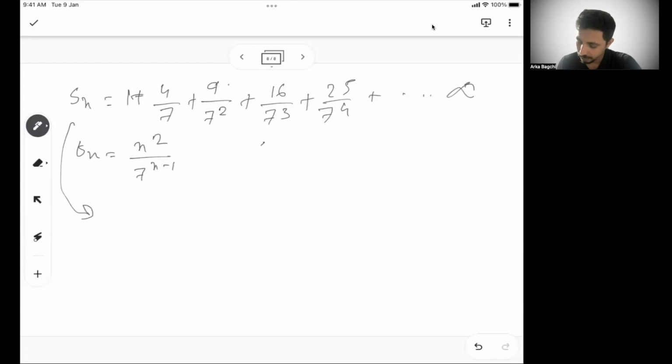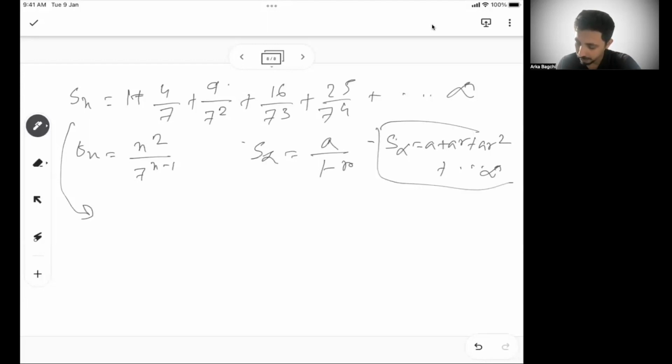So just to revisit, a by 1 minus r. If there is a GP series, S of infinite terms, a plus ar plus ar square, and so on till infinite terms, the sum of that is a by 1 minus r. So only GP has the infinite sum formula. Now, you know, this is basically going to be a GP.